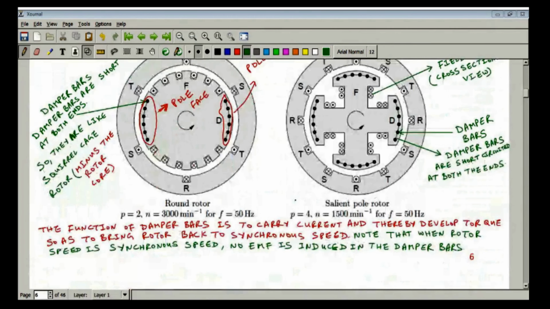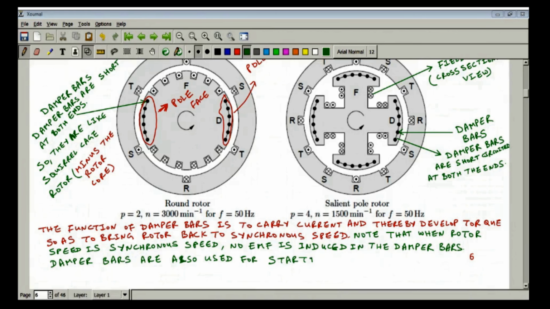So let me write this: damper bars are also used for starting of synchronous motor.